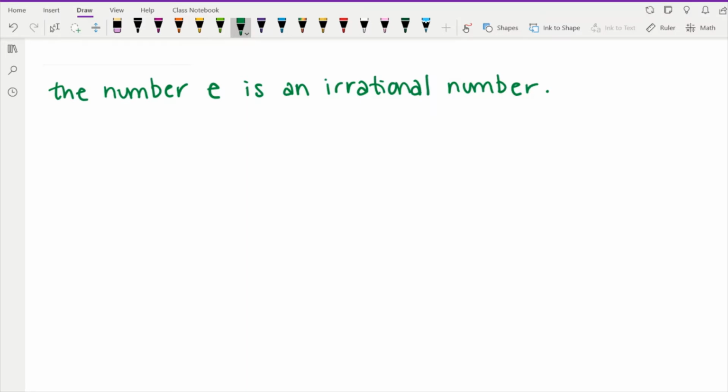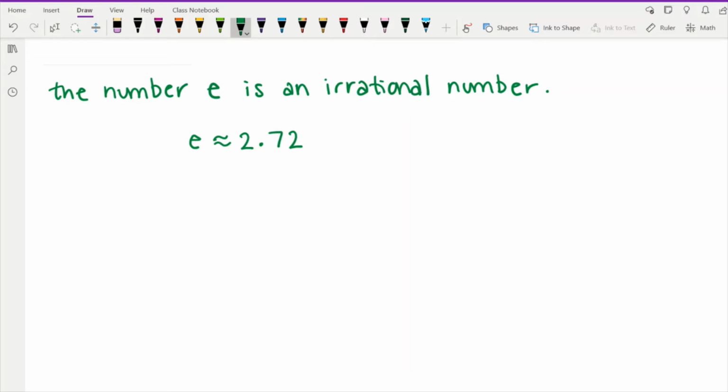So what is the approximate value of e? Well, e is approximately equal to 2.72. So just like how you might want to know off the top of your head that pi is about 3.14, same thing with e. You want to know that e is about 2.72.